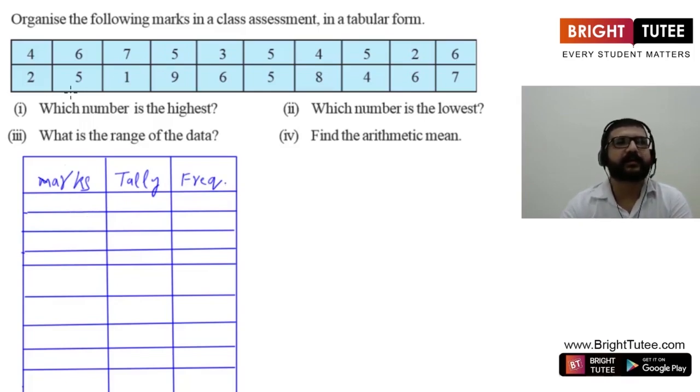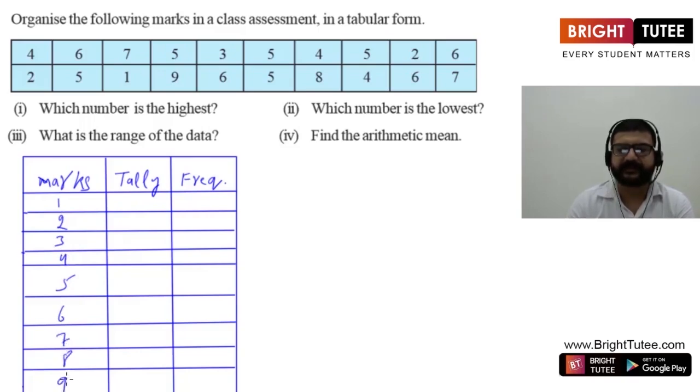Now let's write all the marks in ascending order. From the data given here, we can see marks are from 1 to 9. So let's write it here: 1, 2, 3, 4, 5, 6, 7, 8 and 9.